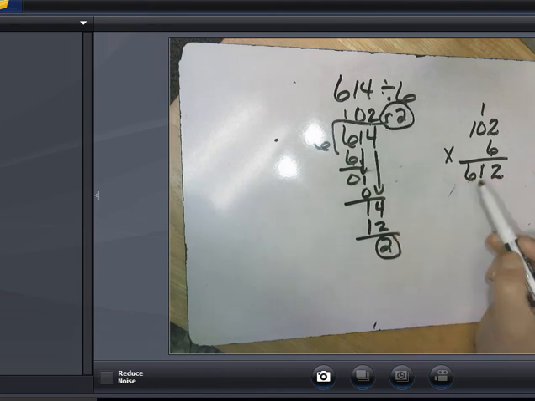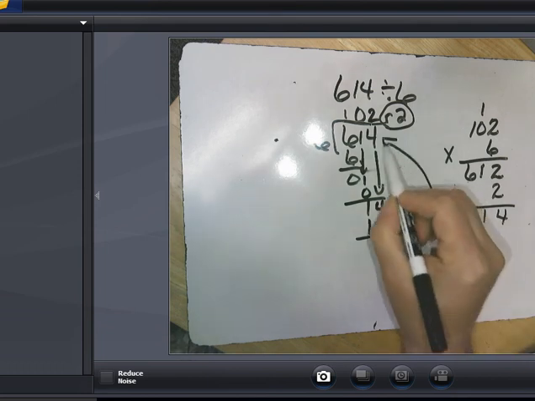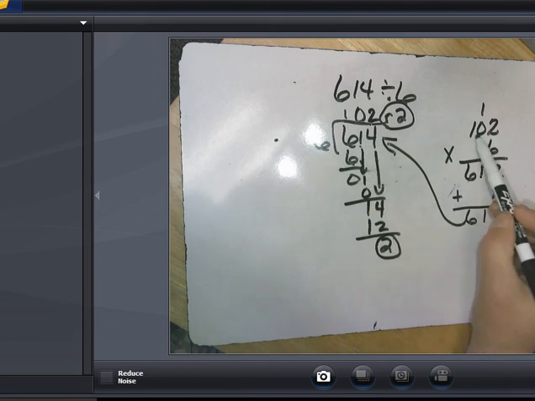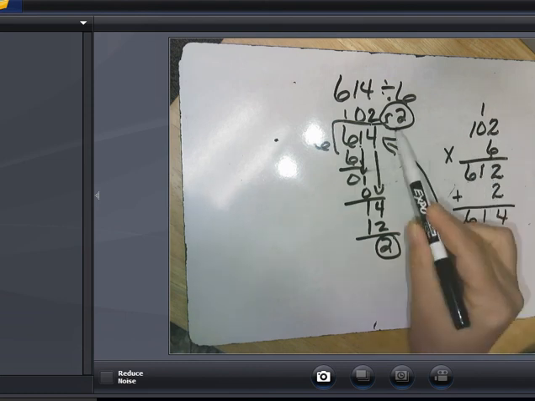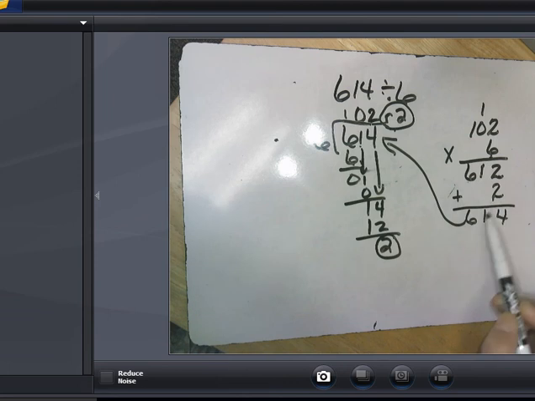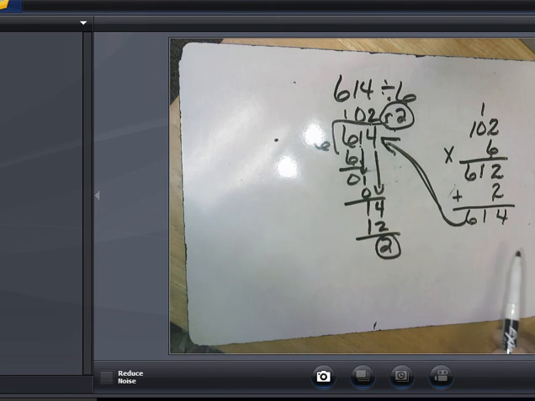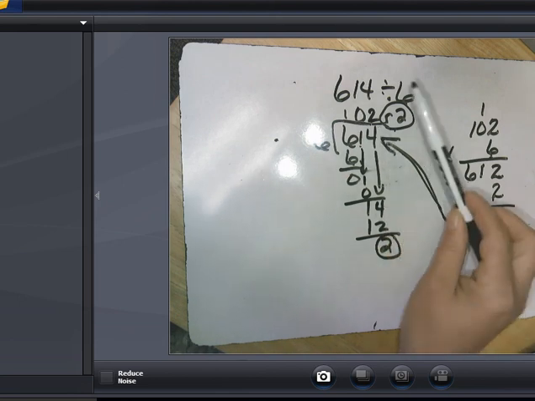I'm going to add that remainder on. And my product becomes the dividend. So I took my quotient and my divisor and multiplied those together. And then if I have a remainder, I'm going to add the remainder, and that should be my dividend. That's how you check your work. The inverse operation of division is multiplication.